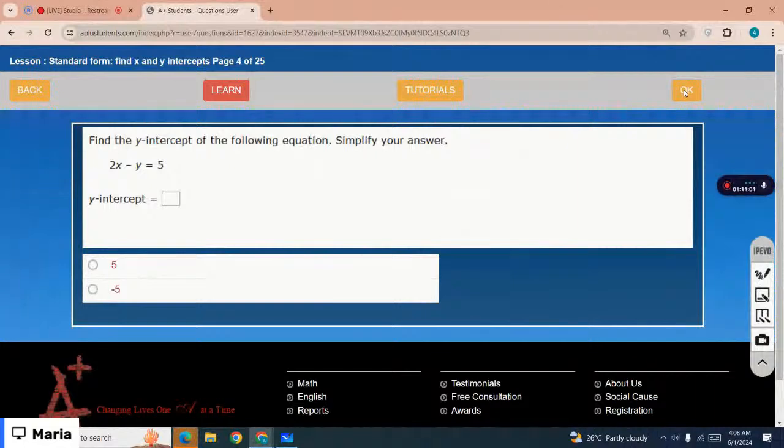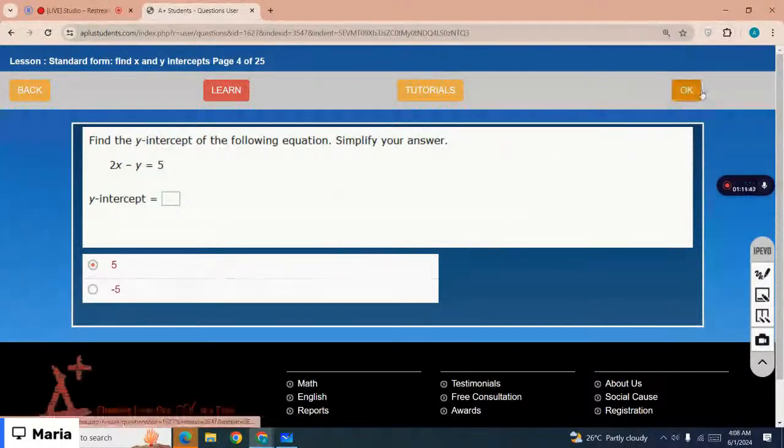Find the y-intercept of the following equation. Which is the correct option? The correct option is option number 1, that is y equals 5.